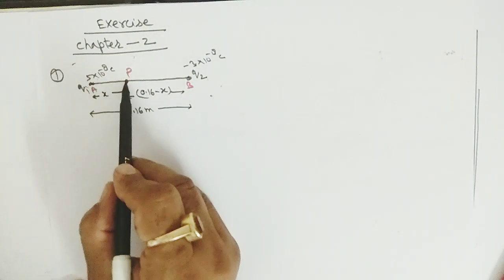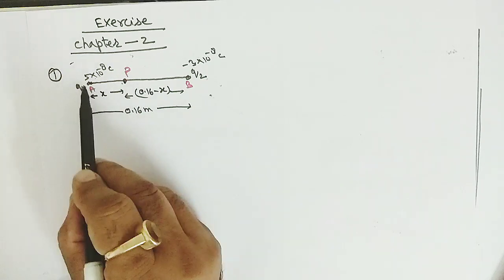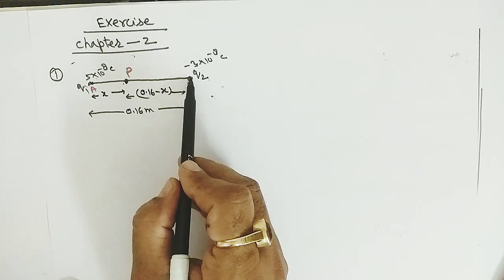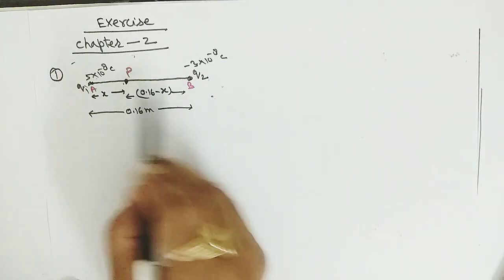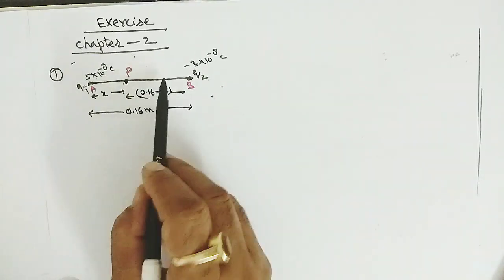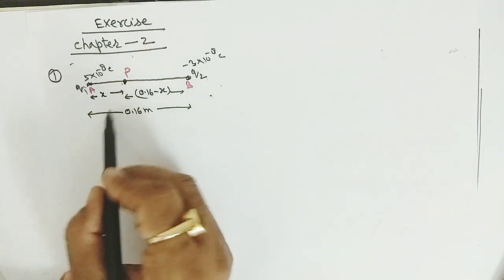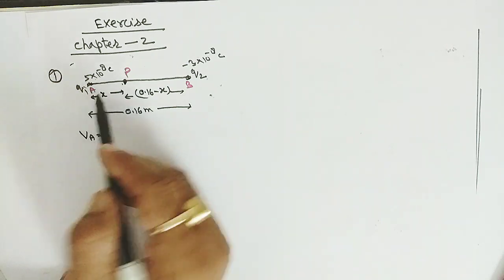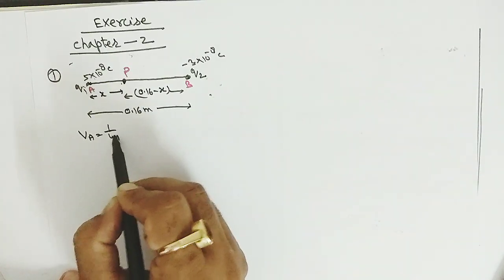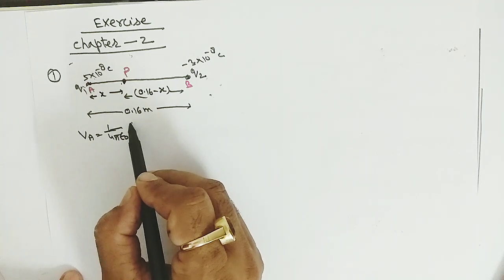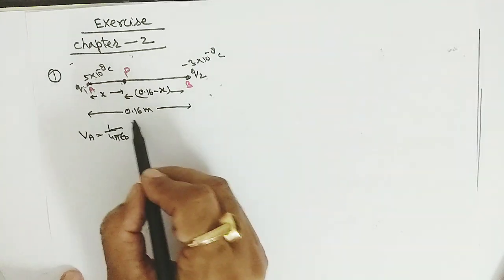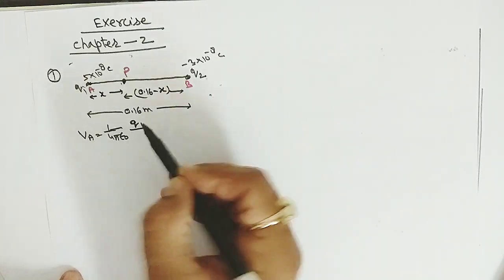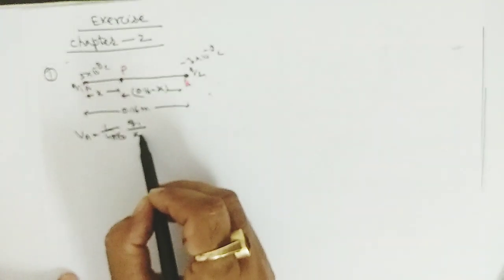So potential at P should be 0. It means the potential due to the first charge at P and the potential due to B at P, the sum should be 0. That is, V1 plus V2 should be 0. So VA is the potential due to point A, given by 1 upon 4 pi epsilon naught Q1 upon x.